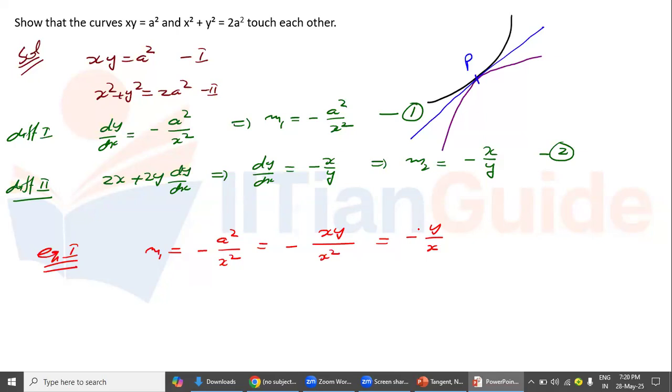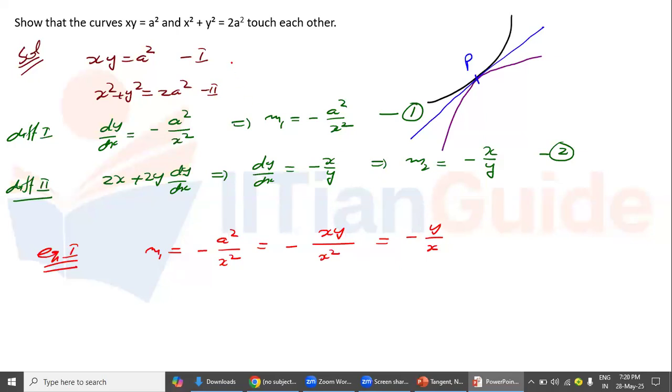They will come the same. I know they will come the same. How? Okay, just wait.